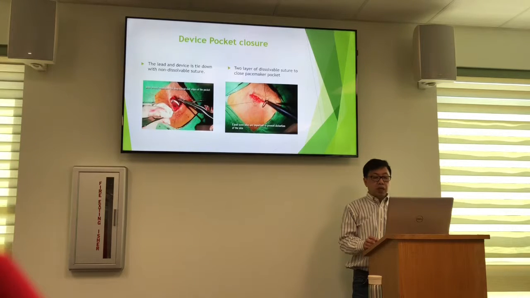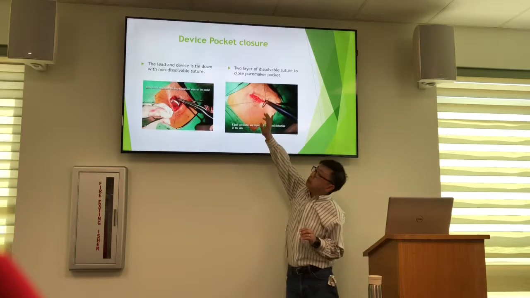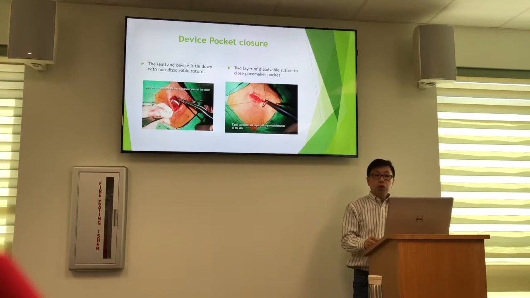After the device is tied down, 2 additional layers of suture will be used to close the pocket like this. We usually use Vicryl 2.0 and 3.0, both of them dissolvable sutures. Some doctors will staple the top layer as well.